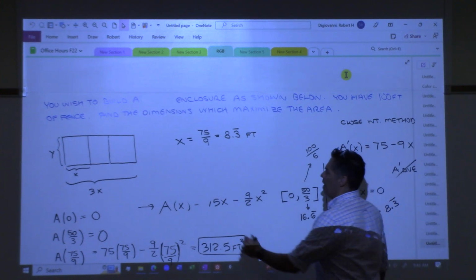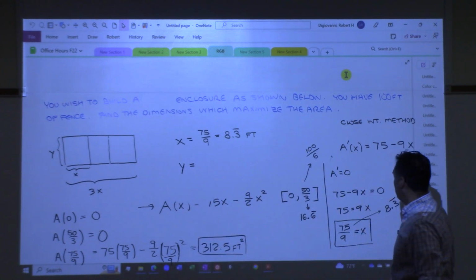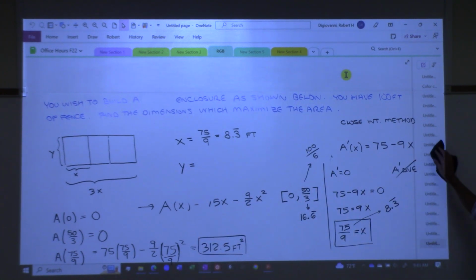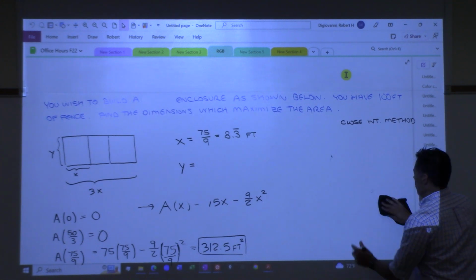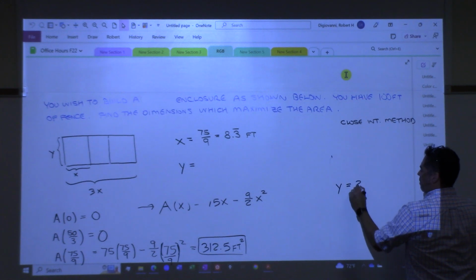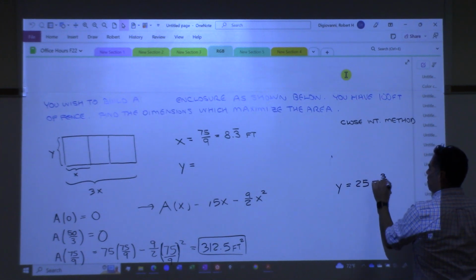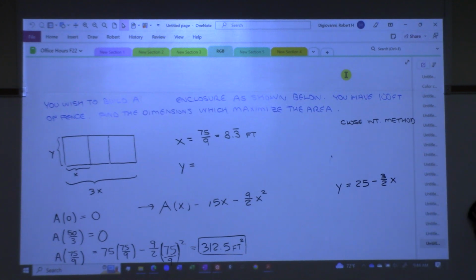And then the y value, go back to the constraint. I've erased the constraint. Do you remember we had solved for y? What was y back in the day? 25 minus 3 over 2 x. So we've got to figure out what that is.